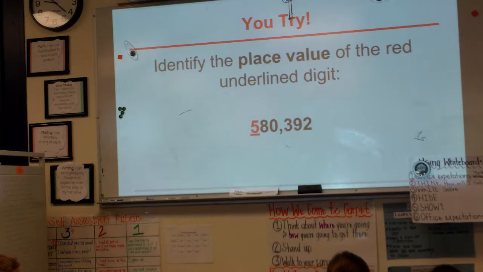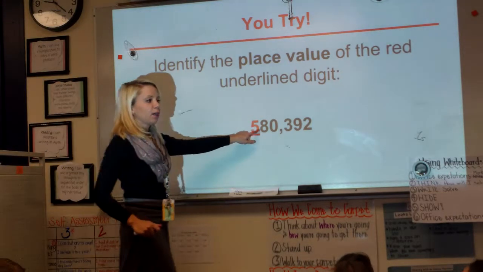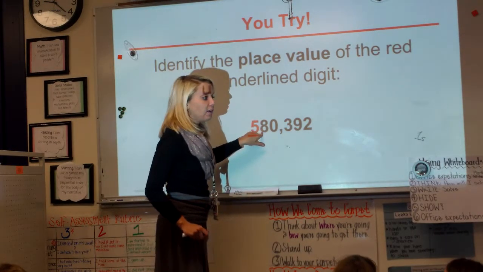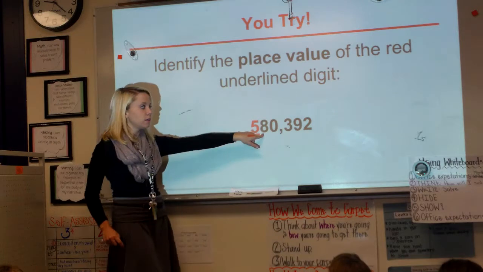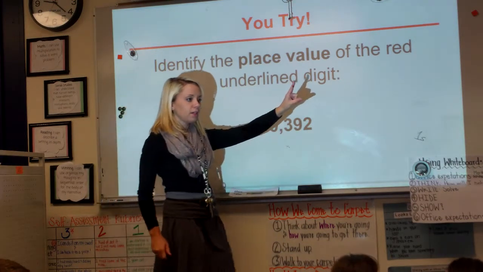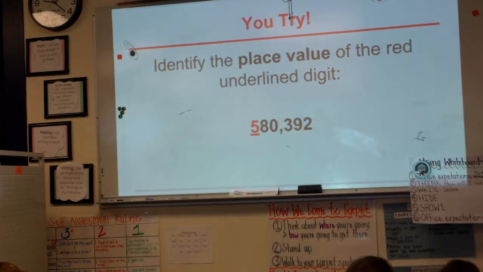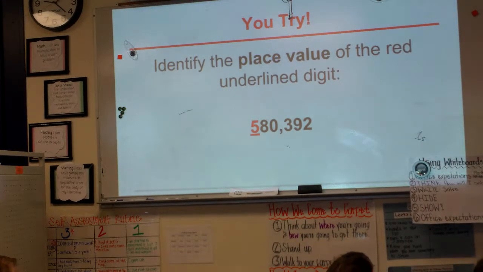Try this one on your own. On the count of 3, we're going to whisper the place value of the red underlined digit. So think about it. 1, you're thinking. 2, you're getting ready to whisper. And 3, whisper the place value.